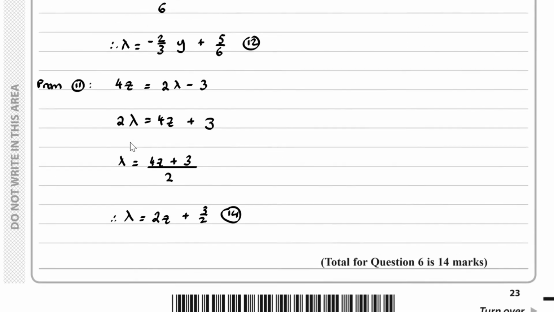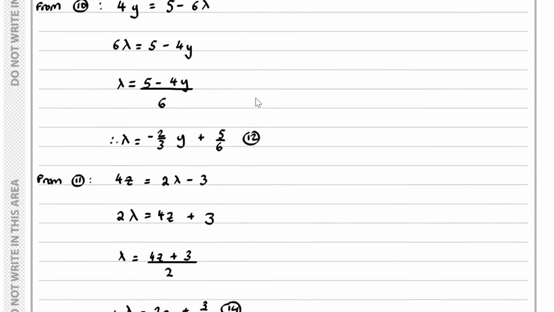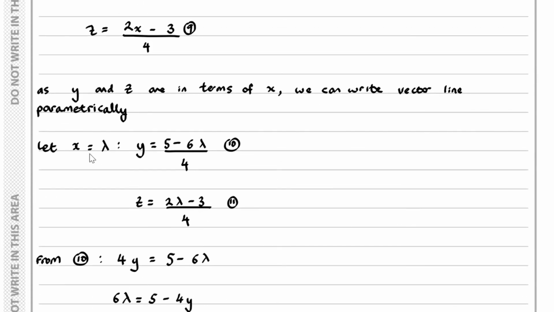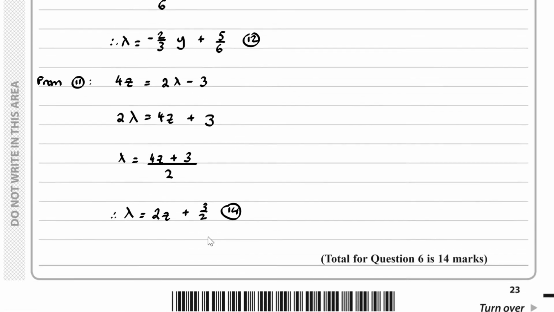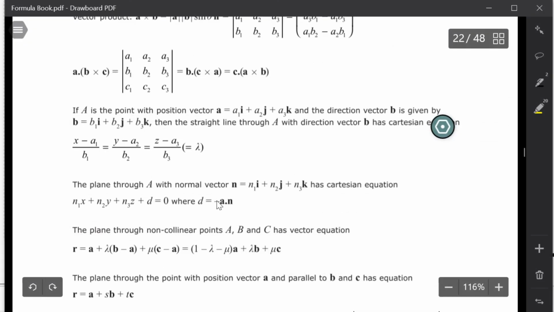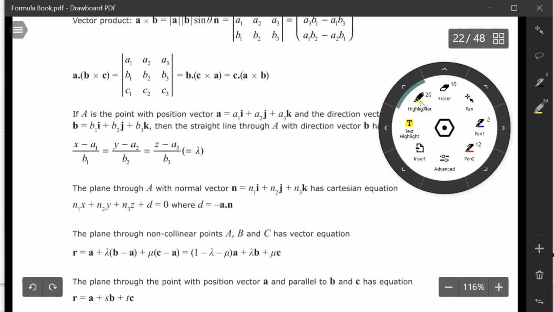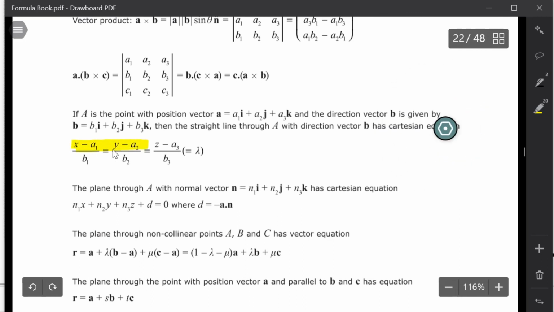So now that we know what lambda is, we can set equation 12 equal to 14, and this is equal to x. The reason I want to do that, just to emphasize, is that we can find the Cartesian equation, as we see over here.